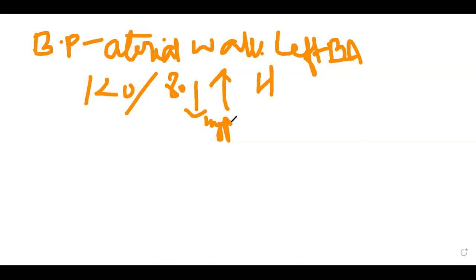Then disorders of the circulatory system. Coronary artery diseases are often known as atherosclerosis.